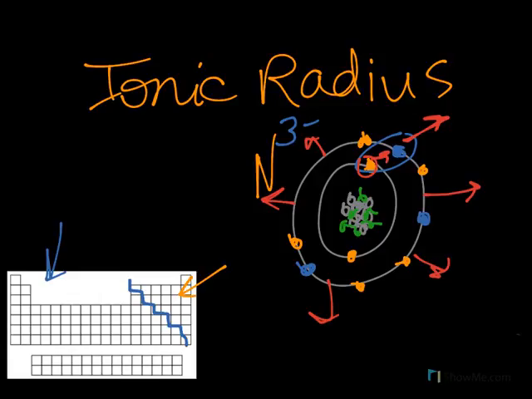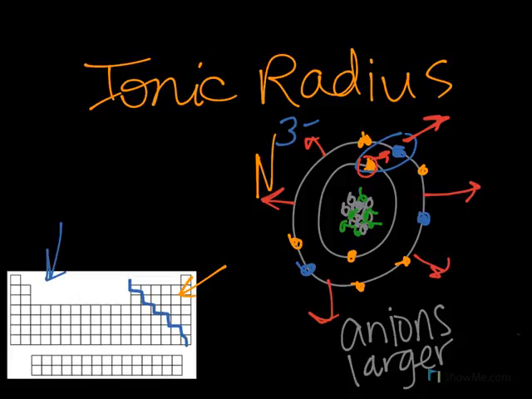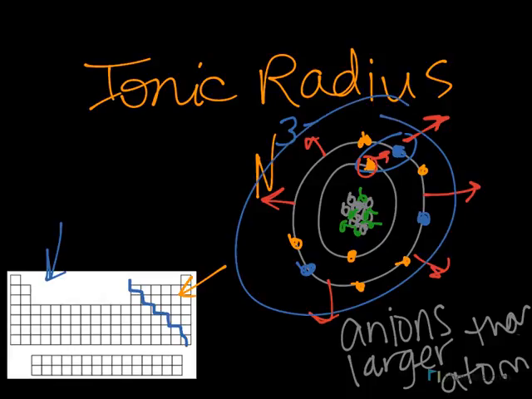So to sum that up, anions are larger than the uncharged atom, especially if you have to add another energy level to fit in electrons that you're adding. So the general trend with cations and anions is that cations are smaller than the original atom and anions are larger than the original atom.